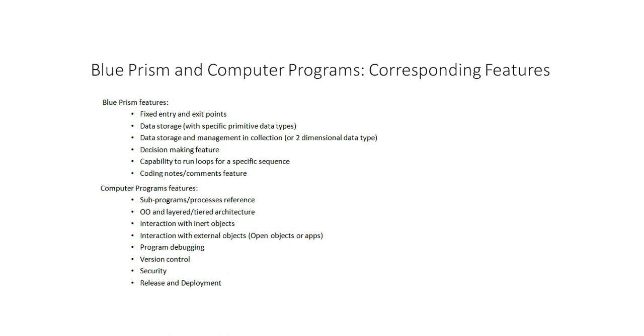And if you look at the program features, it has subprograms, it has OO and layer tiered architecture as well, which is very famous architecture. If you want to build a big or very lengthy project, it helps us build an OO layer tiered architecture. Interaction with inter objects as well.